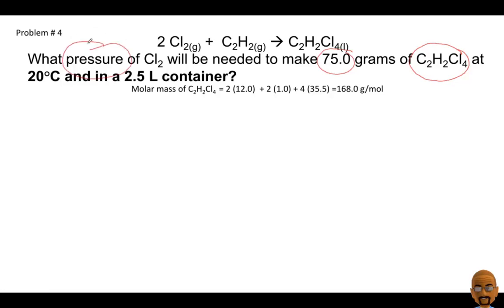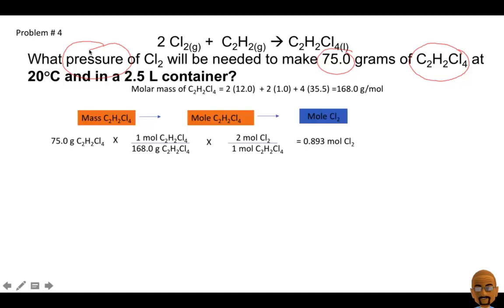So the only way to get to pressure of Cl2 is we have to first figure out a way to get to moles of Cl2, because if we can get to moles of Cl2, we can use the ideal gas law to calculate pressure.